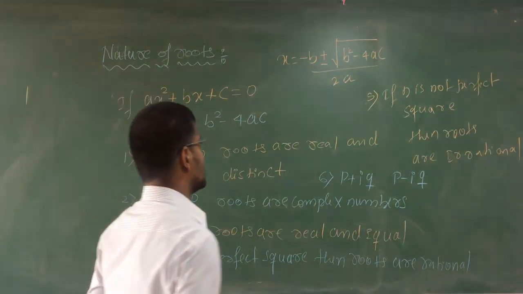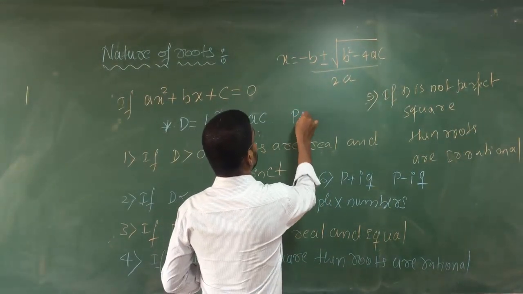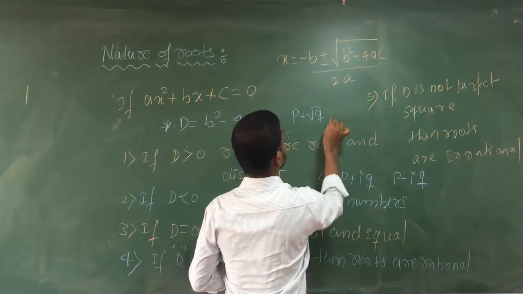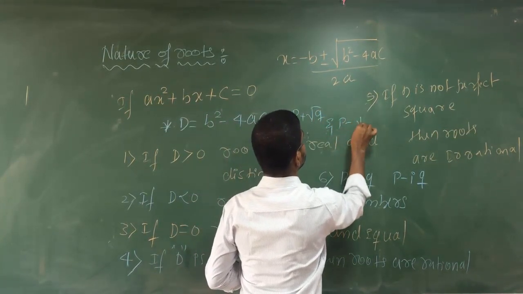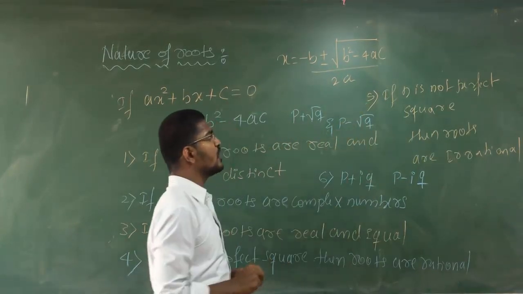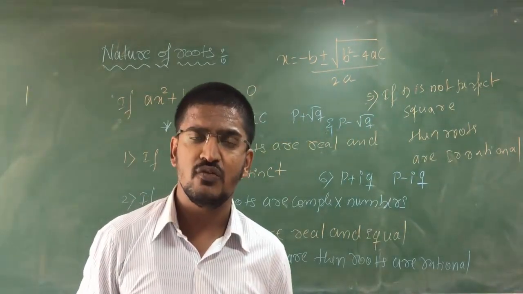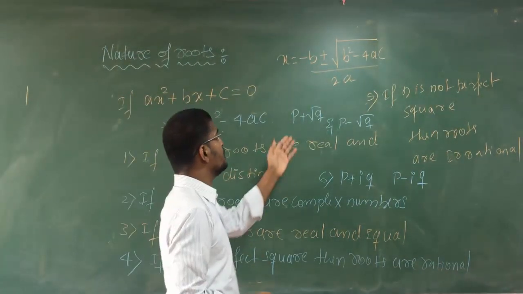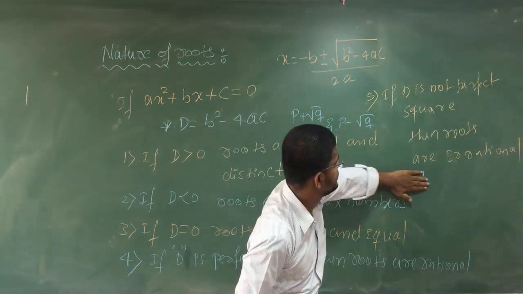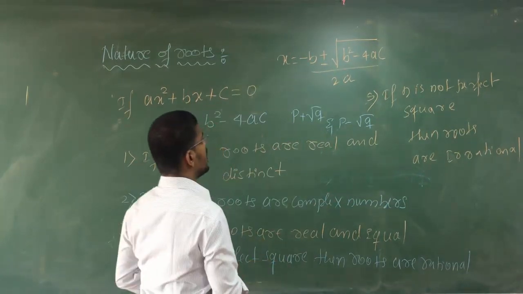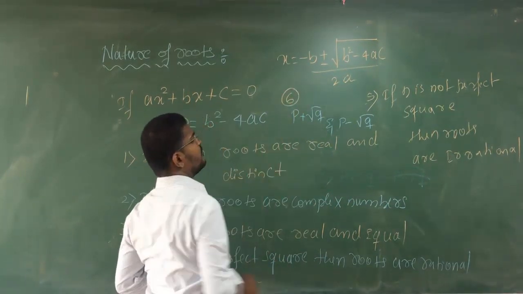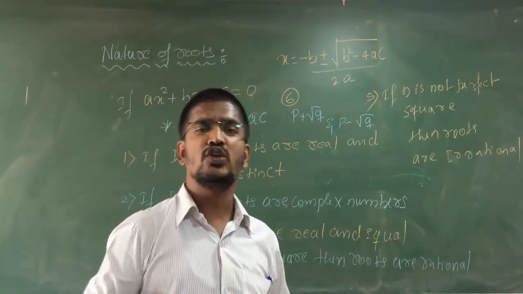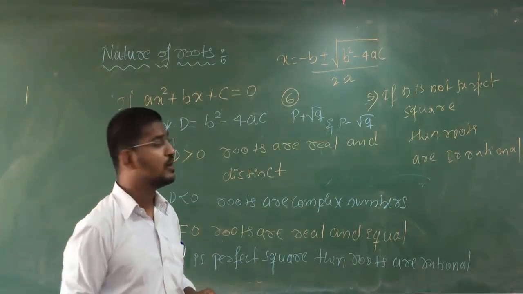Or you can write it as P plus root Q and P minus root Q. Both are going to be your roots for your quadratic equation. If P plus root Q is your root, then P minus root Q is also going to be your root.